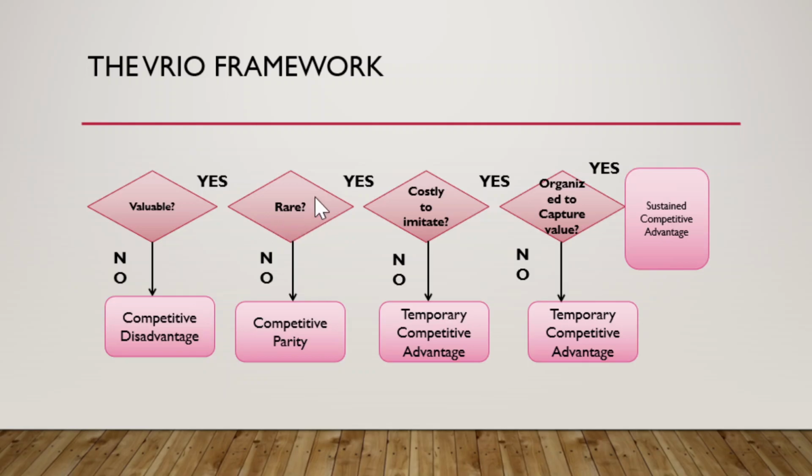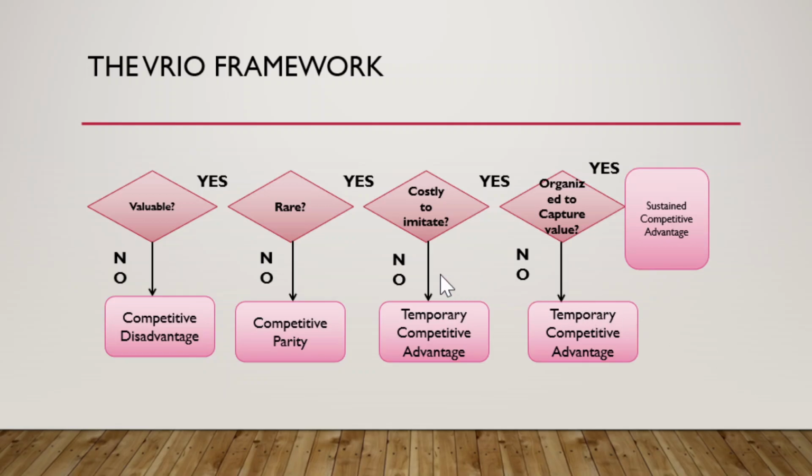So, if we have a rare resource, then the next question is, is it costly to imitate? Okay? So, kailan ba natin masasabi na costly to imitate siya? So, our resource is costly to imitate if firms that do not possess the resource are unable to develop or buy the resource at a reasonable price. Okay?